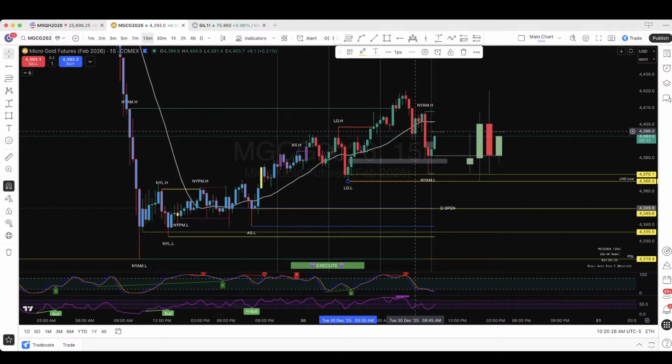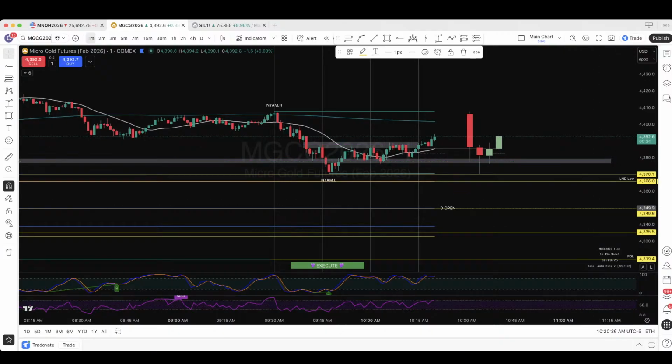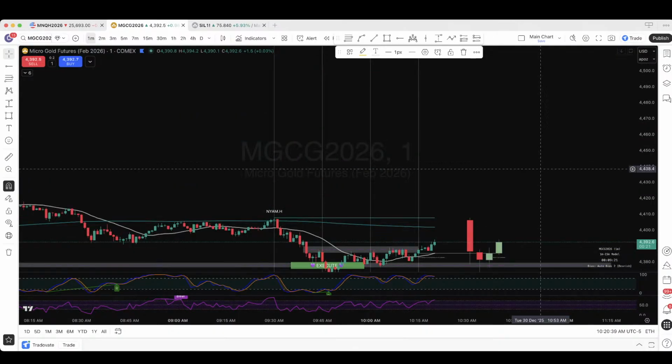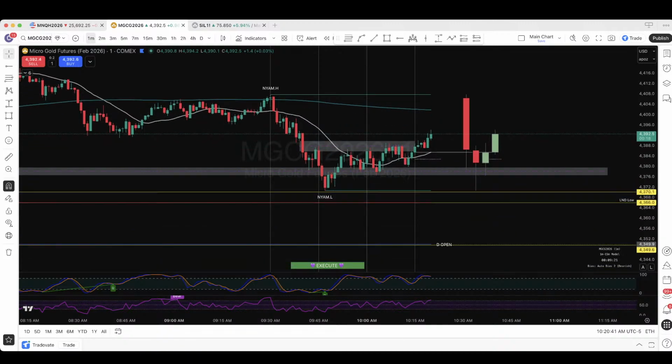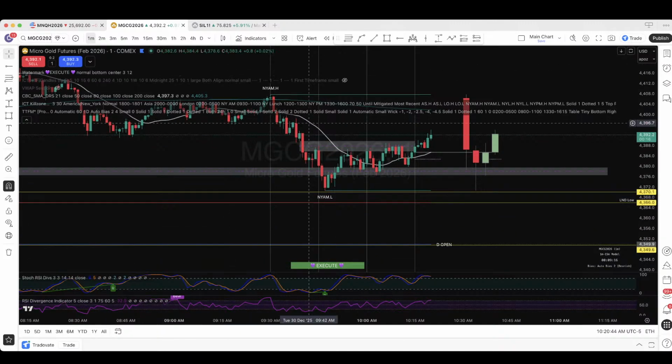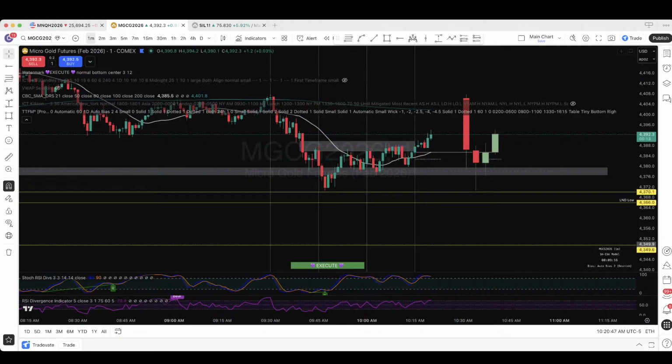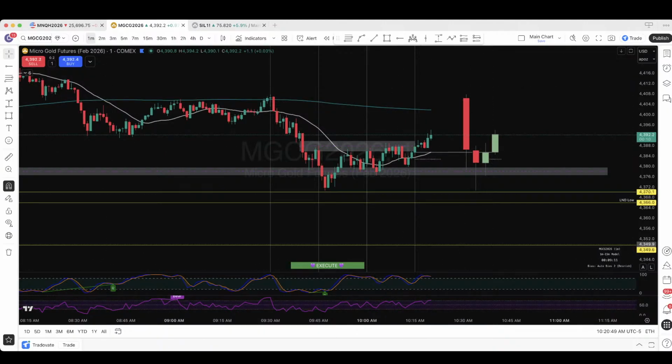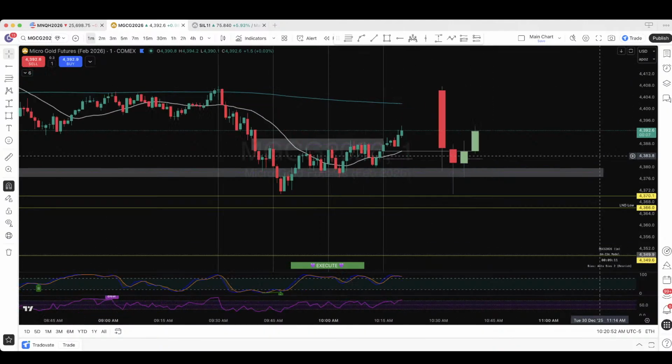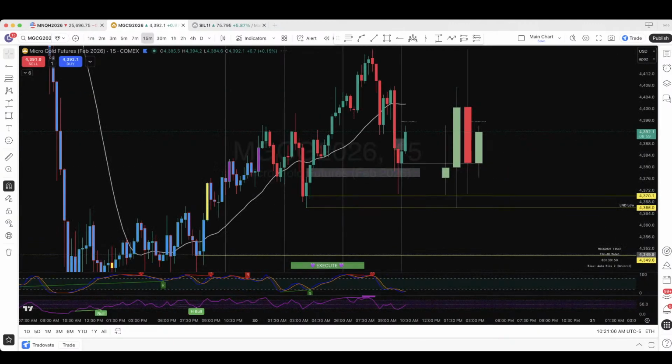Good idea, Crypt. Not the best price action anyway. This is just reversing, it looks like, now. Bias might have been wrong. Respecting the 50% of the 4-hour candle.